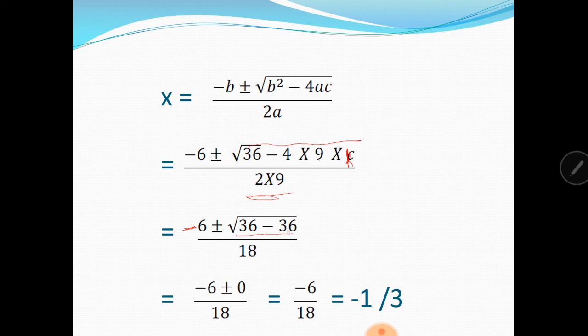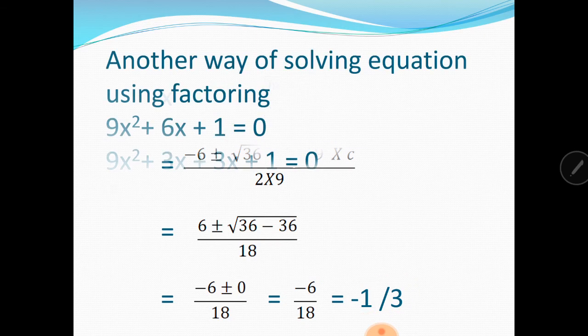So we got 36 − 36, which is 0. So we have −6 divided by 18, and when you reduce this fraction you get −1/3. So you have only one solution.